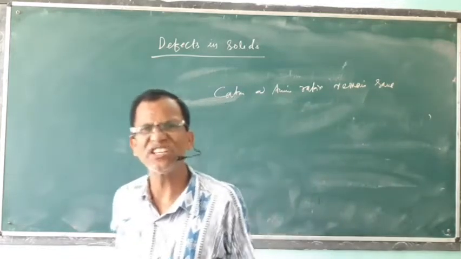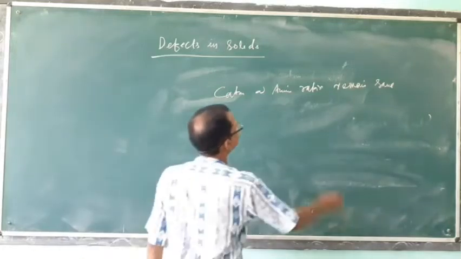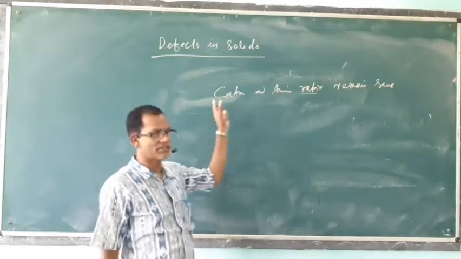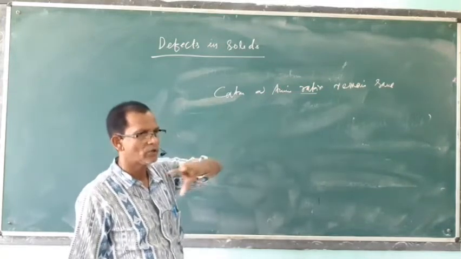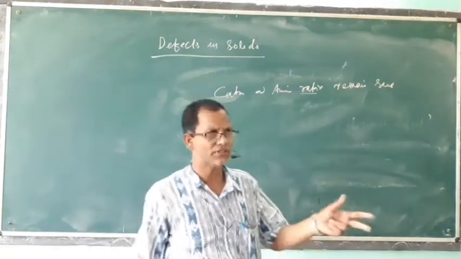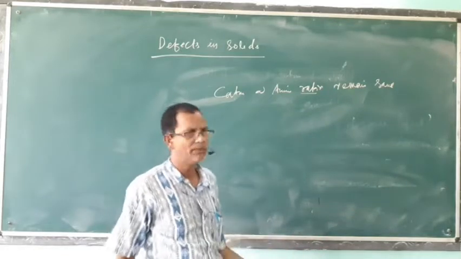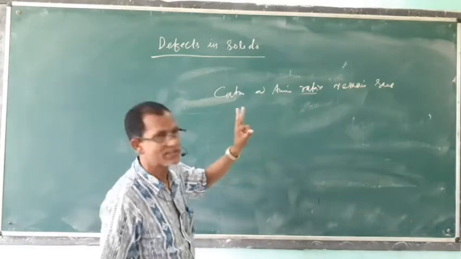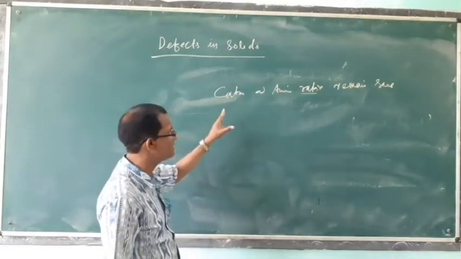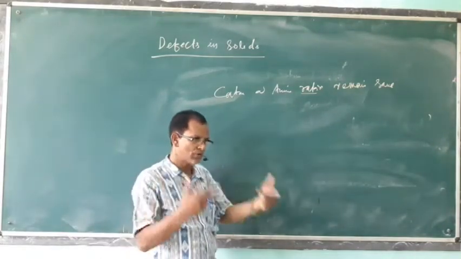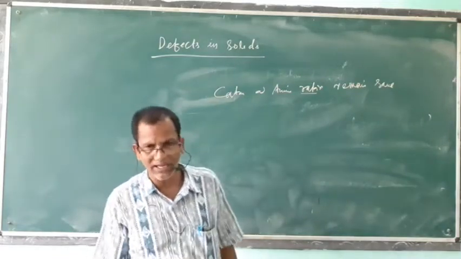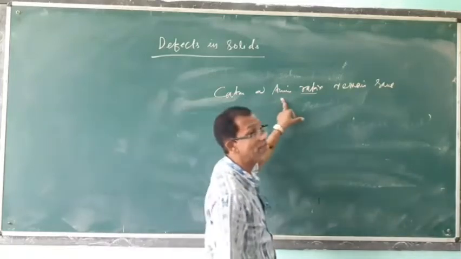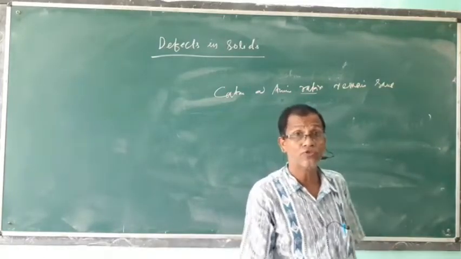There is no change in the ratio of cation and anion. Means the simplest ratio remains the same for the crystal. Stoichiometric defect means actual formula and crystal formula remain the same. That's why it is called a stoichiometric defect.